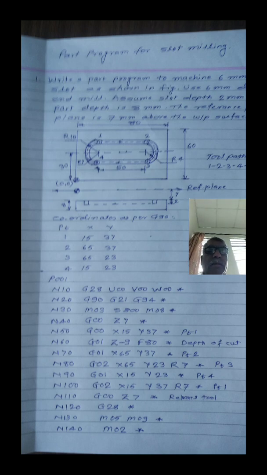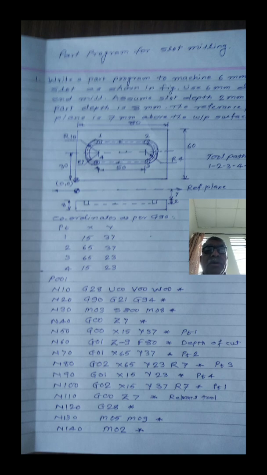Then after studying the part drawing, you have to find out a tool path for machining the slot. As shown in the figure, the tool path is 1, 2, 4, 3. You have to find out the coordinates at the center of the tool, that is the center point.